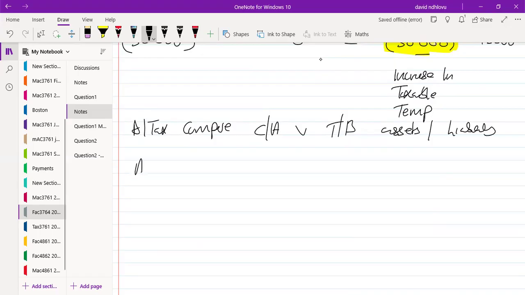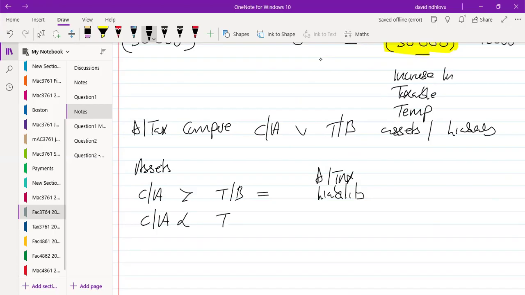When we are dealing with assets, if the carrying amount of the asset is greater than the tax base, the resultant deferred tax will be a liability. When the carrying amount is smaller than the tax base, the resultant deferred tax will be a deferred tax asset. When I'm dealing with liabilities, this is opposite.